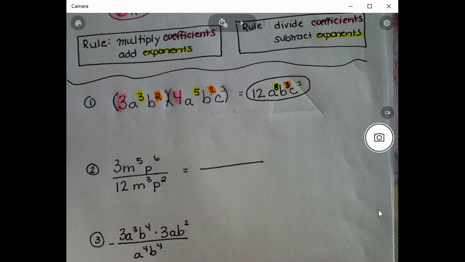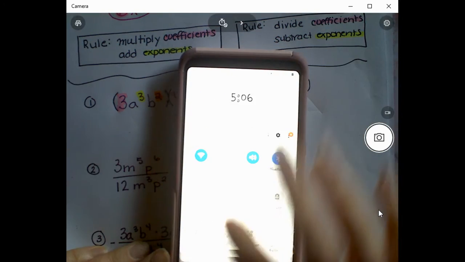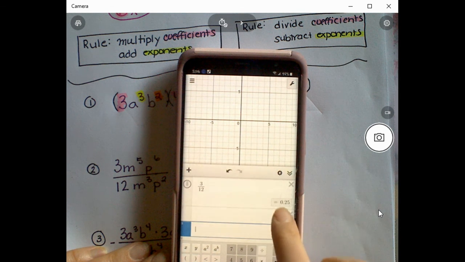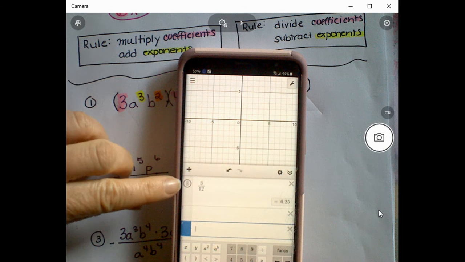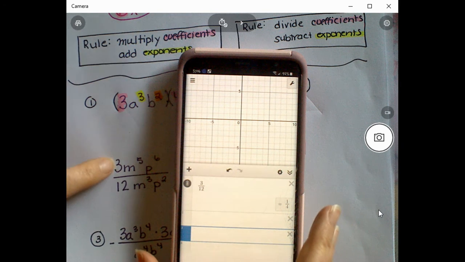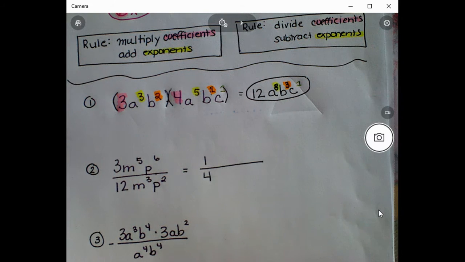If you have Desmos, which I hope that you do, on a phone or on your computer at home, the easiest way to simplify is to write the fraction, 3 over 12. You will see that it gives you the decimal right there, but there's a symbol right here that if you touch it, it changes it to a simplified fraction. So instead of 3 over 12, it will be 1 over 4.